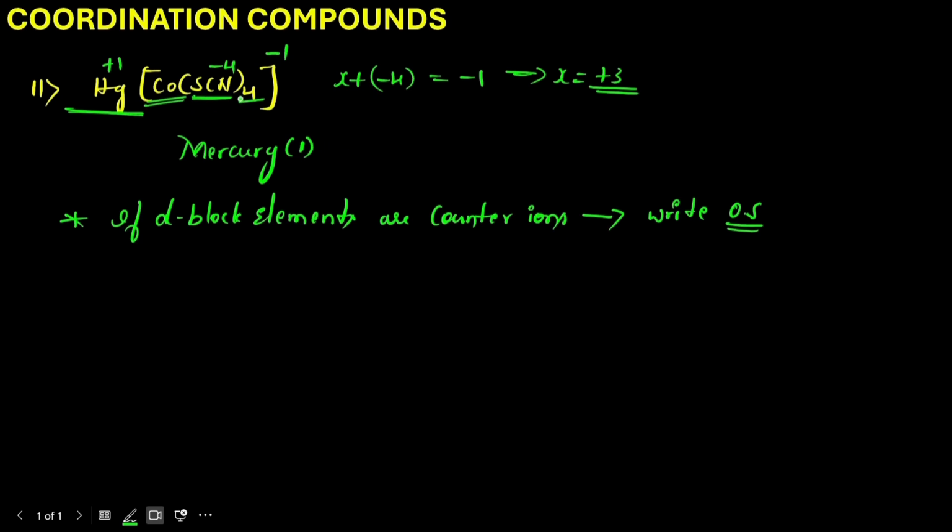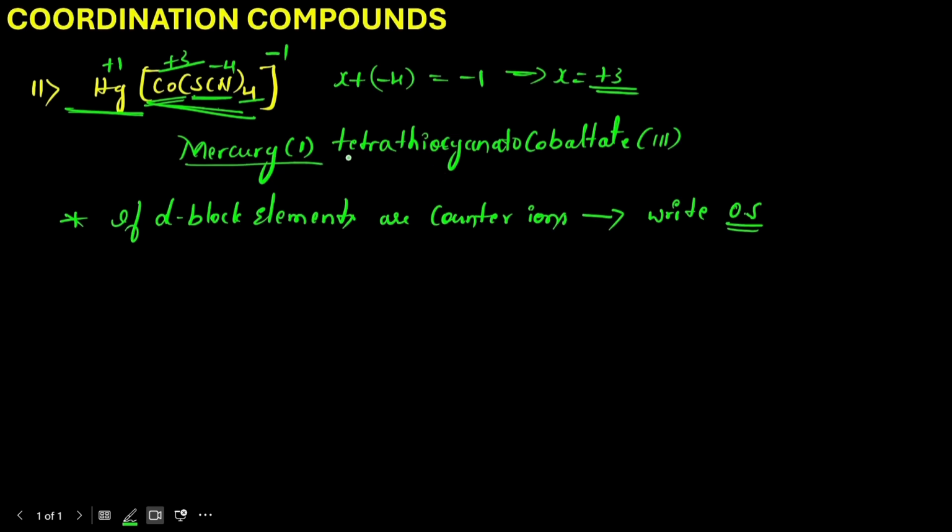So, here how many SCN ligands are there? 4. Therefore, the prefix tetra is used. Tetra thiocyanato. Here it is an anionic complex. Therefore, the name of the metal should end with ATE, cobaltate. Oxidation number of cobalt is plus 3. The name is mercury 1 tetrathiocyanato cobaltate 3.